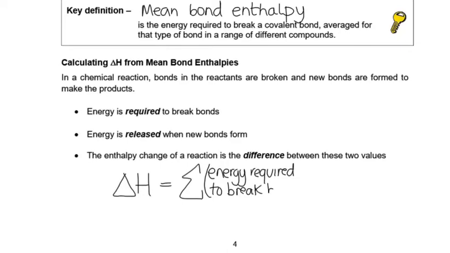So we're going to add that up. And then we're going to add up the sum of the energy released when new bonds form. So I'm going to actually call that energy to form bonds.